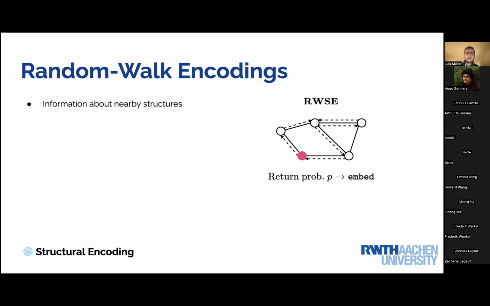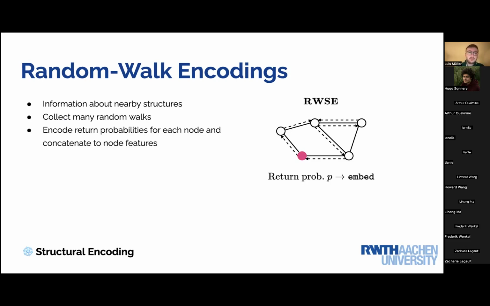That gives us a lot of information about nearby structures. Although I have to admit that I at least haven't seen a fully convincing study about the exact information that this gives us. But I think it makes a lot of sense intuitively. And there's also proofs that this can improve the expressivity of a GNN or a transformer. Obviously, you can also append a positional encoding to a GNN node feature. There's nothing prohibiting you from that.